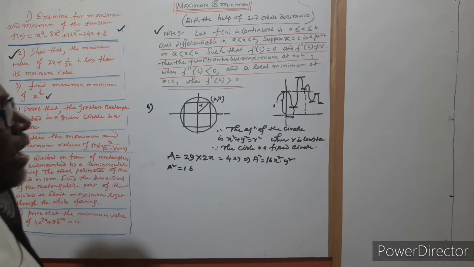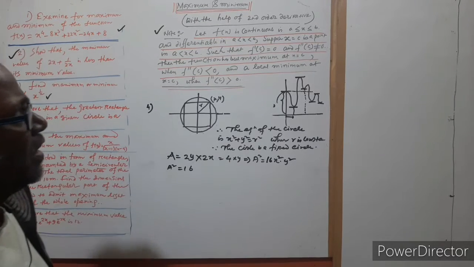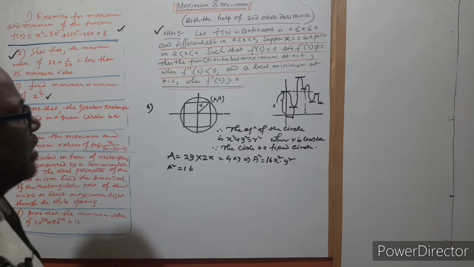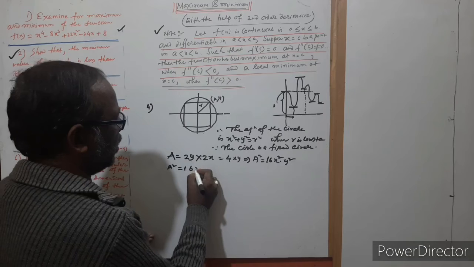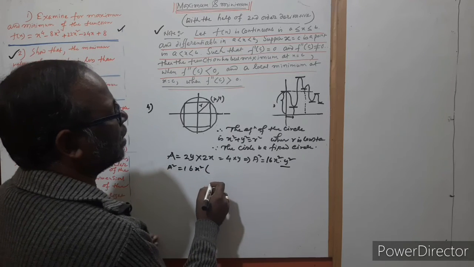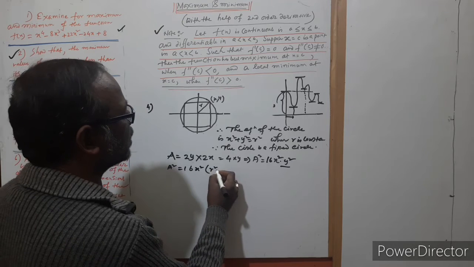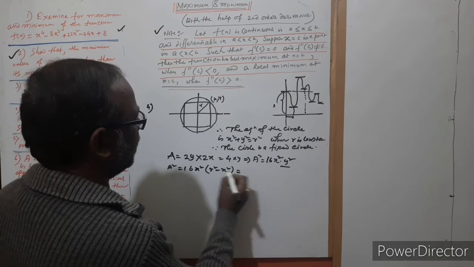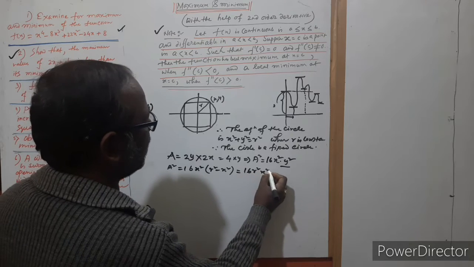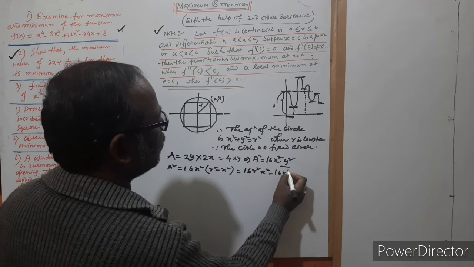We have to proceed to find the maximum or minimum easily, and that is the technique we follow here. So y square is r square minus x square, and multiplying, we get 16 r square x square minus 16 x to the power 4.